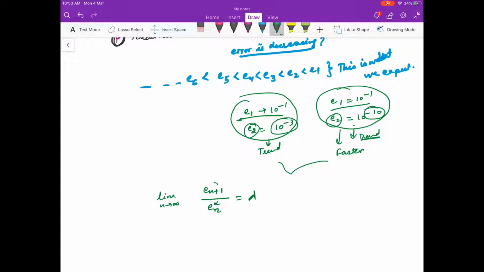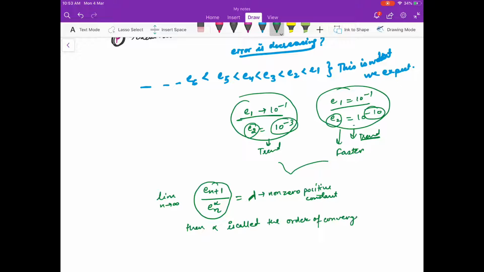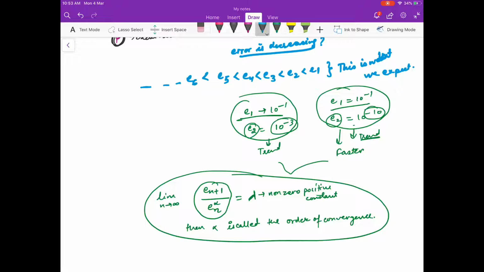If this quantity is equal to a non-zero positive constant, then alpha is called the order of convergence. This is the definition of order of convergence.